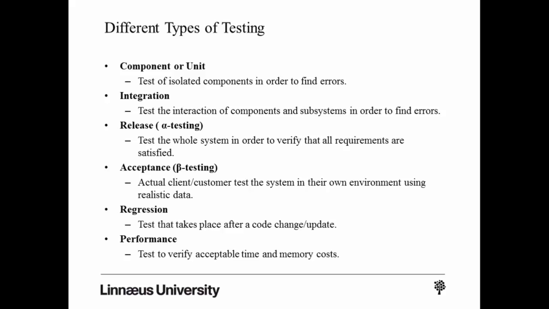Like if you have a component that provides sorting functionality or search functionality, you take that component and test it individually to see whether it meets its requirements or not.